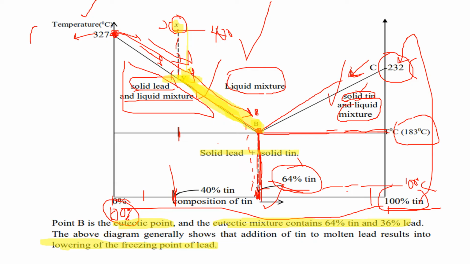Then from here, further cooling will lead to a decrease in the temperature or the cooling of the solid mixture. So that's how we explain when you are being prompted to describe what takes place when you cool a substance from a given temperature. First of all, you draw a dotted line from here. Let me change the highlighter.